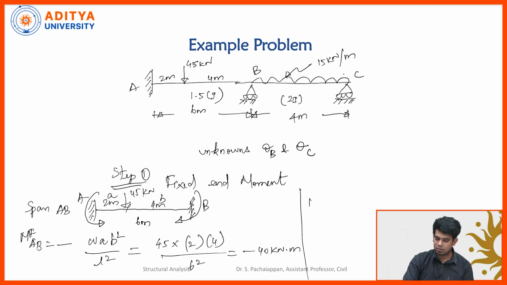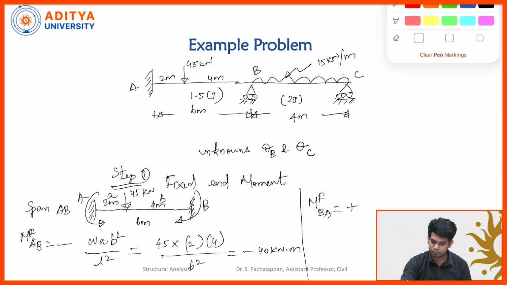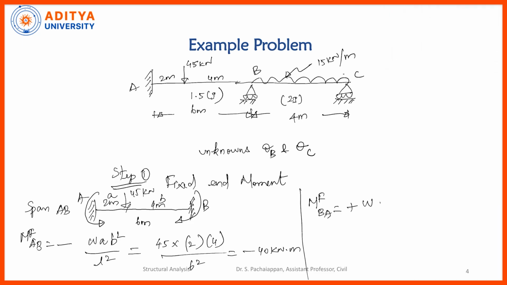In a similar way, let's calculate MFBA. It is a clockwise couple, so positive. We need to apply the same formula, but slightly modified. So this is plus W a square b by L square.